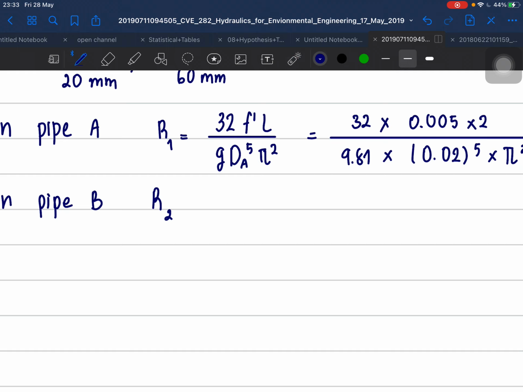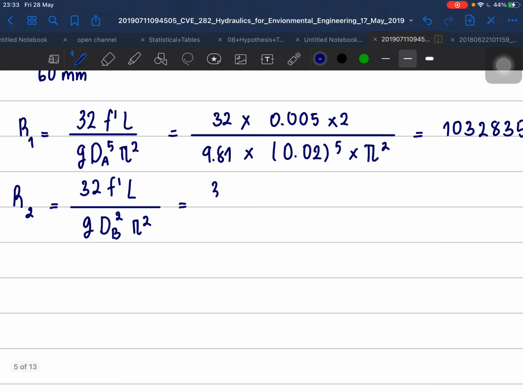Okay, R2 equals the same formula because it's the formula for the pipe. G dB square pi square 32. The pipe is from the same material, so the friction factor is also the same, but the length is not the same.